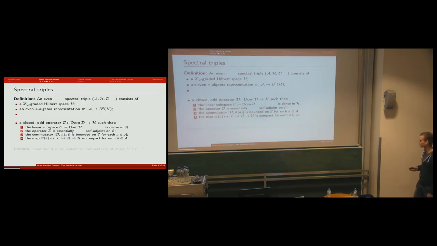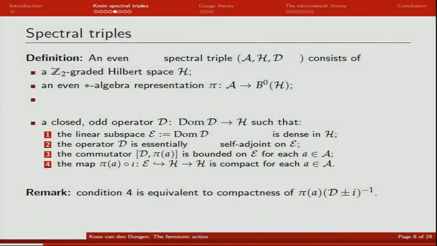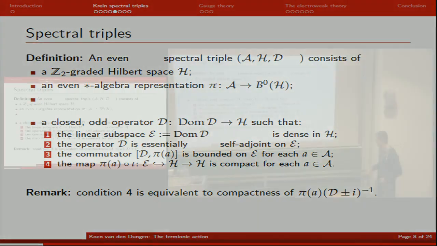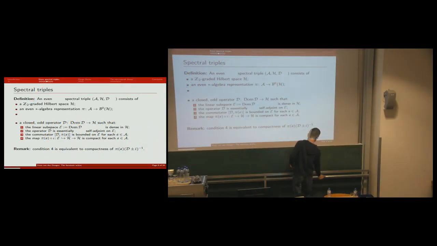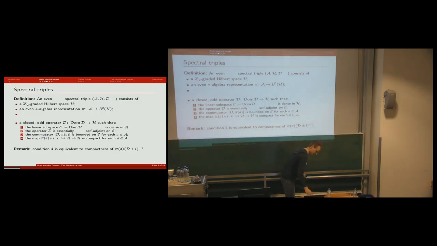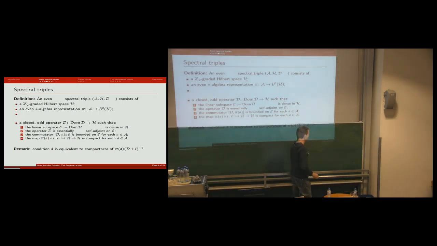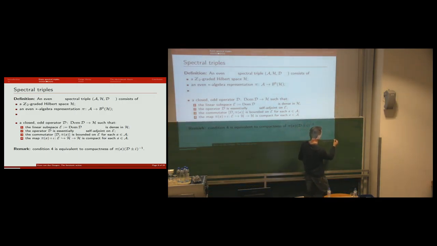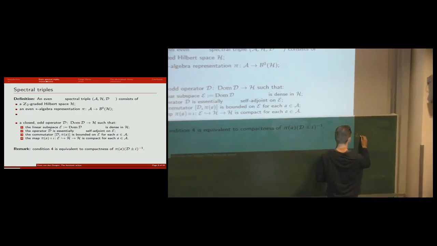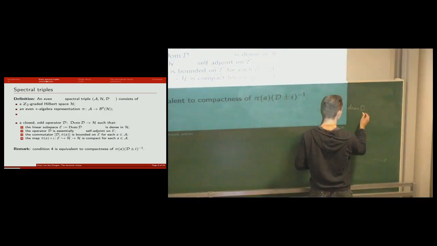One thing I would like to point out, though, is this last definition, which is normally phrased a bit differently. But it is equivalent to the usual definition. One would say that the resolvent of D is compact. The way the argument goes is something like: construct a commutative diagram, a triangle.